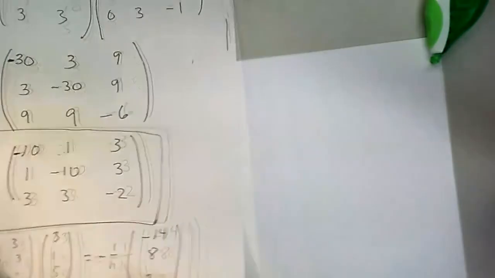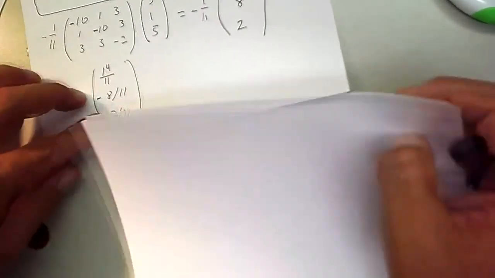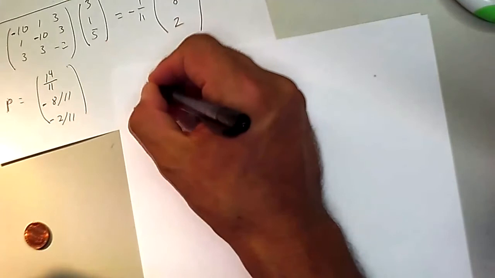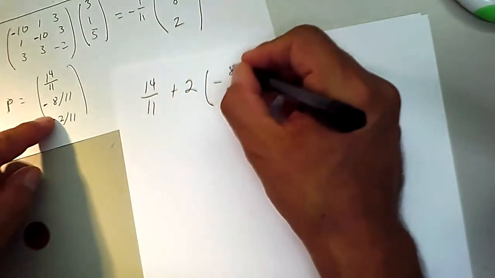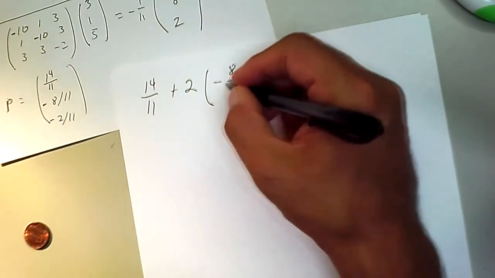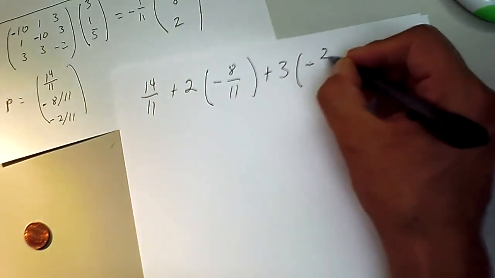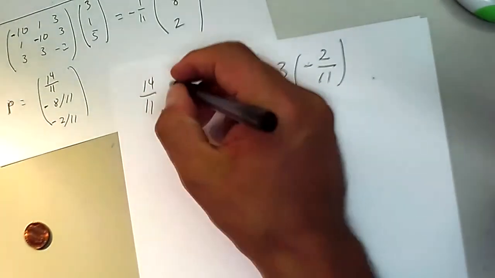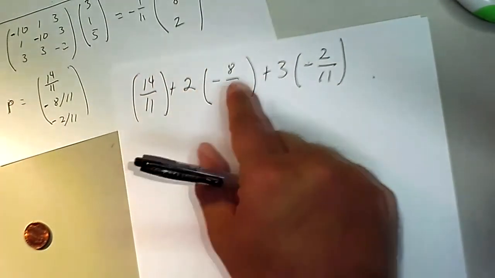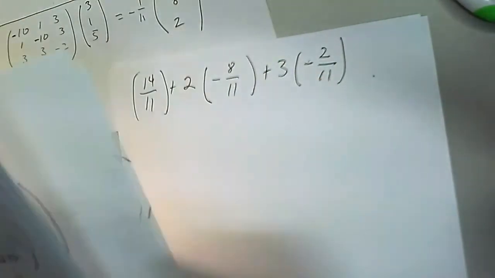So I'm going to check what happens if we have, remember, this is x value, y value, z value. So 1x, 14/11, plus 2y's, -8/11, plus 3z's, -2/11. And where am I getting those? So 1x plus 2y's plus 3z's, I'm getting that from the original problem.